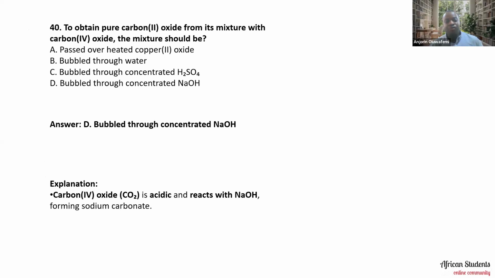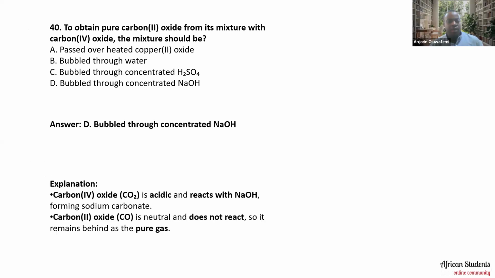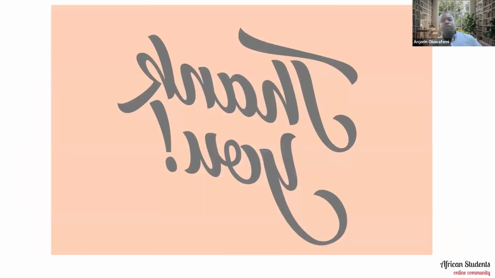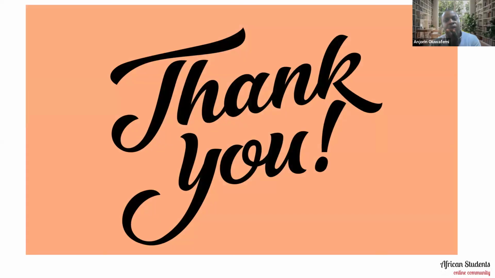The reason is because carbon(IV) oxide is acidic and reacts with NaOH, forming sodium carbonate. Okay. While carbon(II) oxide is neutral and does not react, so it remains behind as the pure gas.